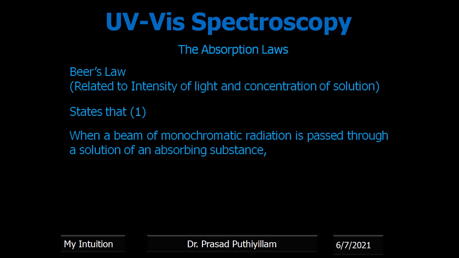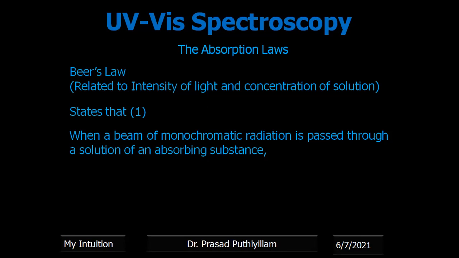Monochromatic radiation means a single wavelength, or in terms of color, a single particular color. In case of UV, we cannot see color, but we imagine that a particular constant wavelength radiation is used, not a mixture of radiation.